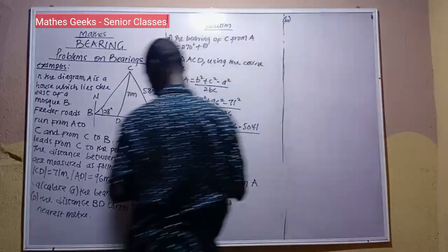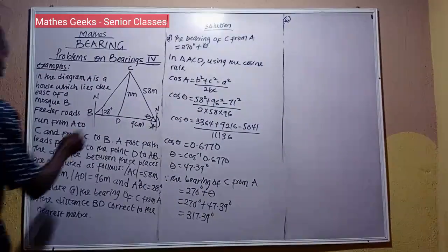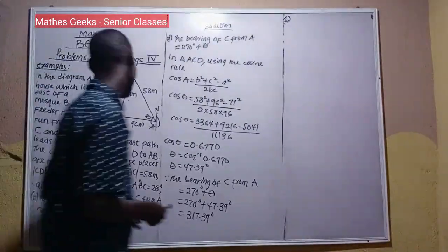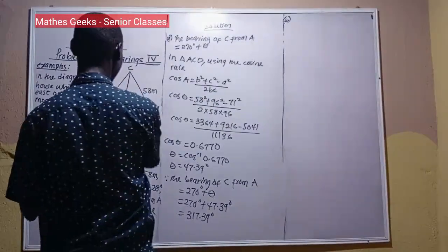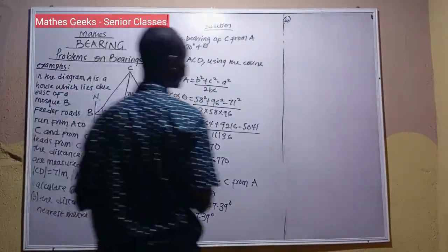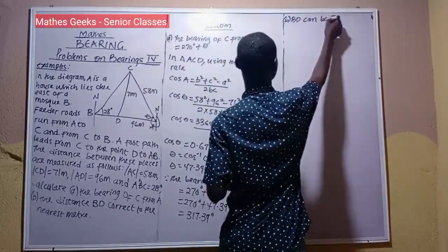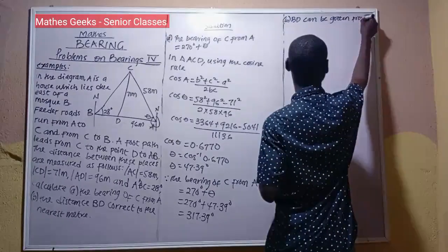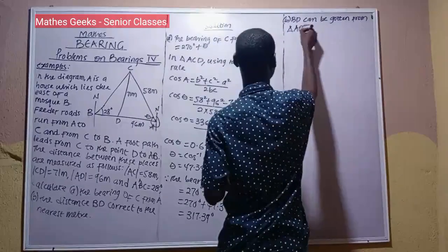B. Find the distance BD correct to the nearest meter. This is the part BD. But for us to get BD, we're going to consider triangle ABC. Let's get the whole length AB. So BD can be gotten from triangle ABC.